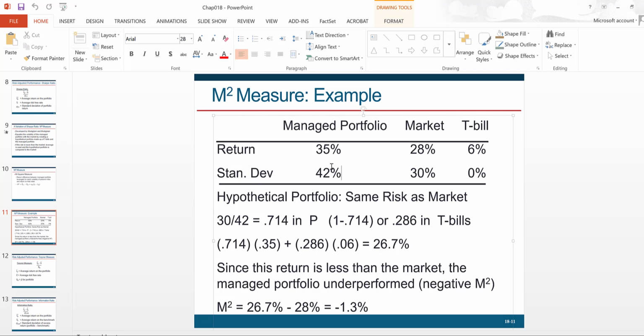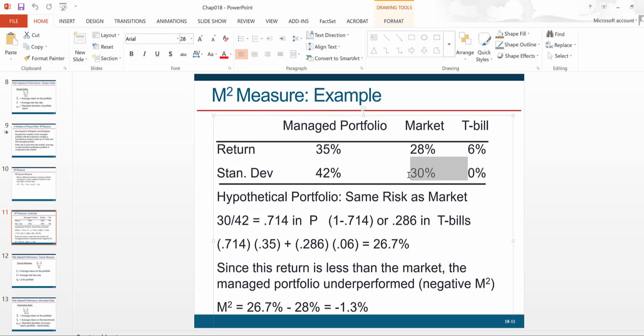So you just want to add enough treasury bills so that the risk becomes exactly 30%, right? The next step is to find out how much we need to invest in this portfolio and how much in the treasury bills in order to get a combined portfolio that has a risk of 30%, which is the same as that of the benchmark.